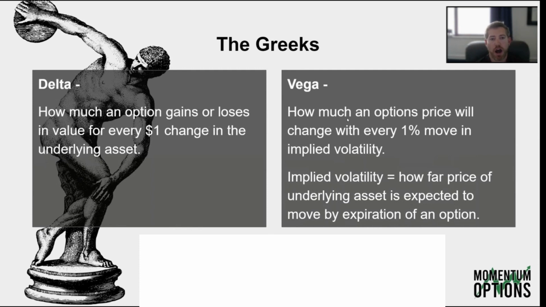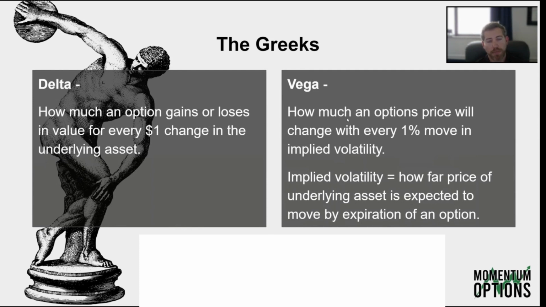This is how much an option can gain or lose for every $1 change in the underlying asset, okay? So if you have a delta of 50, if price goes up $1, the option will gain $50 in value. If you have a delta of negative 50 and price goes down $1, the option will gain $50 in value. So I don't know if that sounded a little confusing. Let me try it one more time.